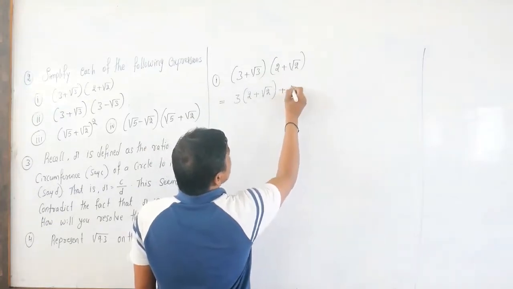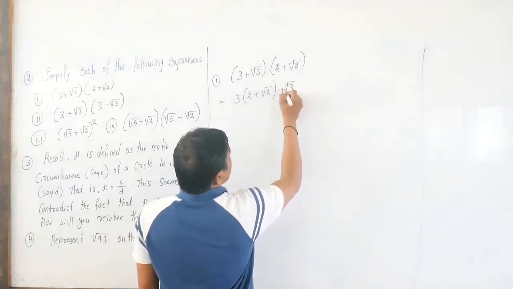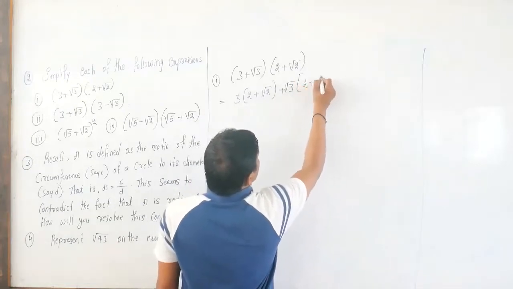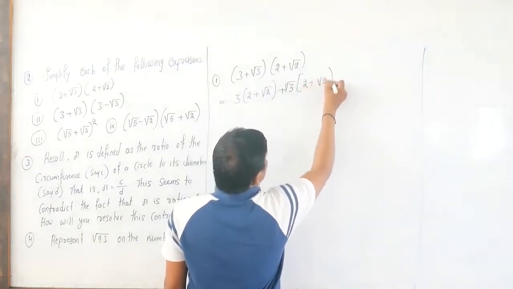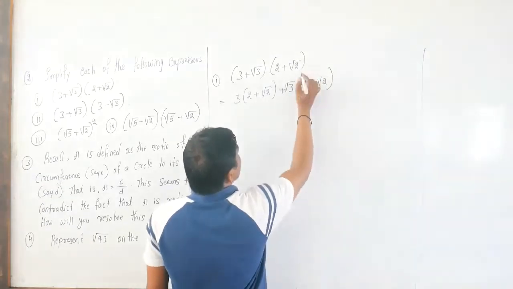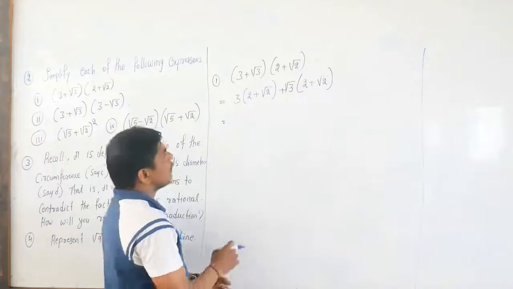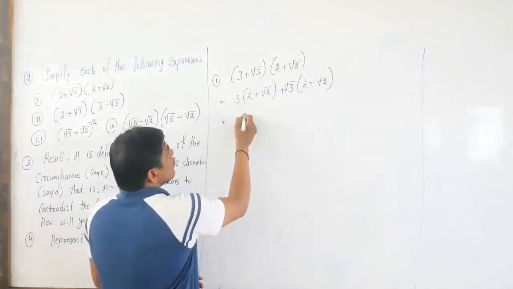That's why you take root 3 into 2 plus root 2. Then you simplify. This is a very simple question. 3 into 2, 6.